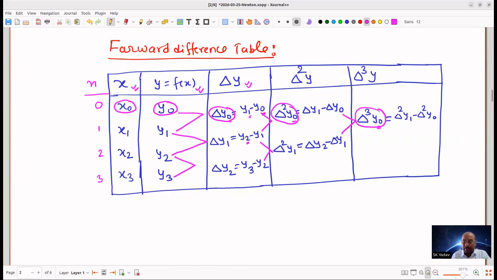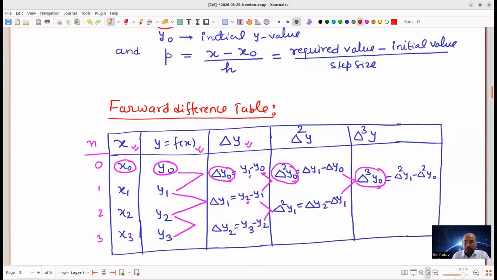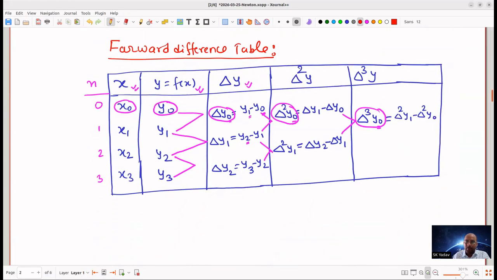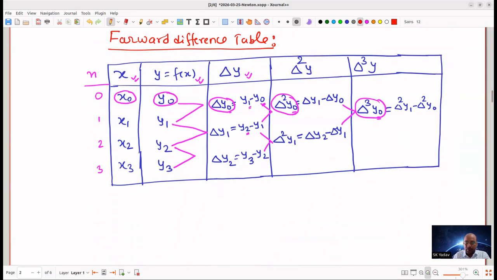So from the Newton difference table, we can easily see that in this formula, the values y0, delta y0, del square y0, and del cube y0, and so on, del 4 y0, will all be calculated from the top row of the table. Top row means the first entries in the table. This is very important to note down.